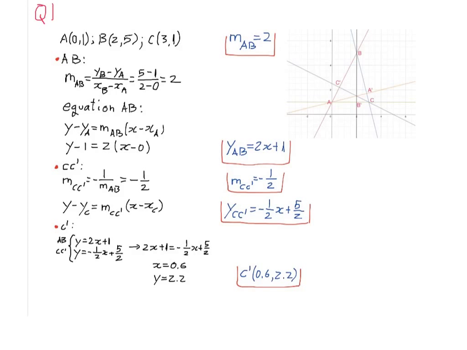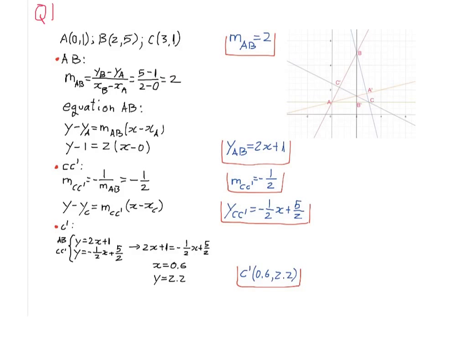And to find the gradient of AB, we'll use the coordinates of A and B, and therefore mAB, the gradient of line AB, is yB, which is 5, minus 1, yA, over xB, 2, minus xA, 0. And the gradient is going to be 2.